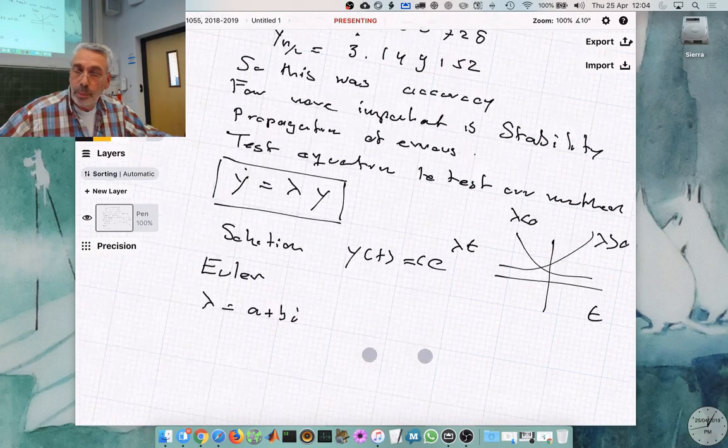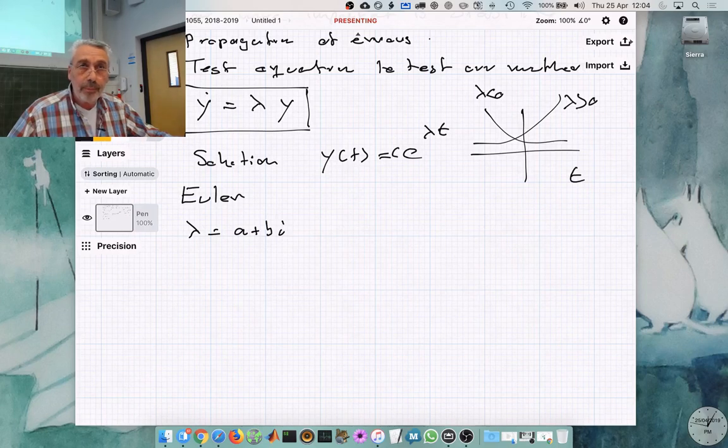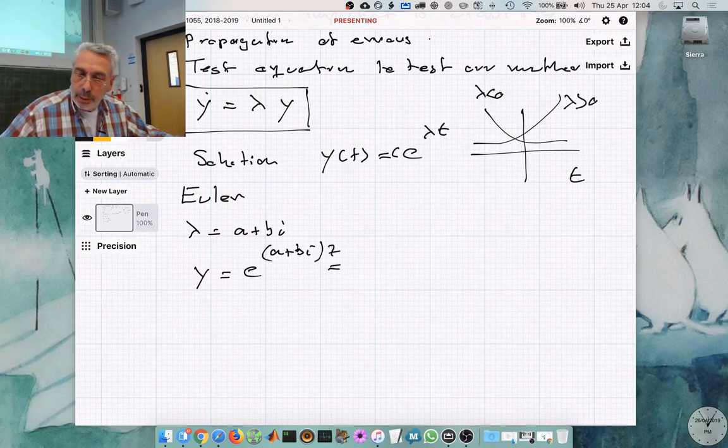We do complex multibody systems, so we use complex numbers. And what happens if you do e to the power (a plus bi) t? You get e to the power at times e to the power bit. Well, this is just either, if it's positive it's growing, if it's negative it's decaying, but what is this complex thing?